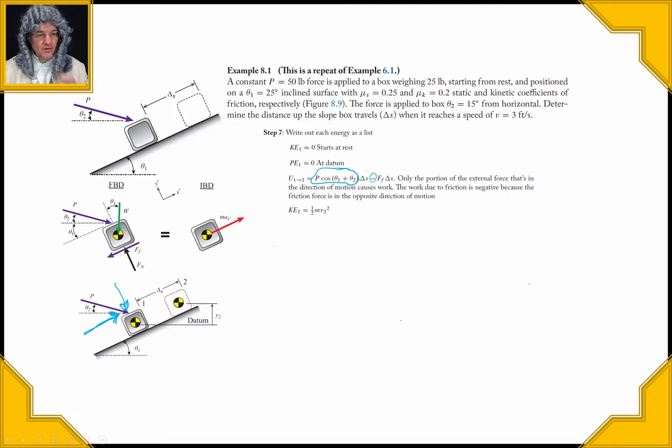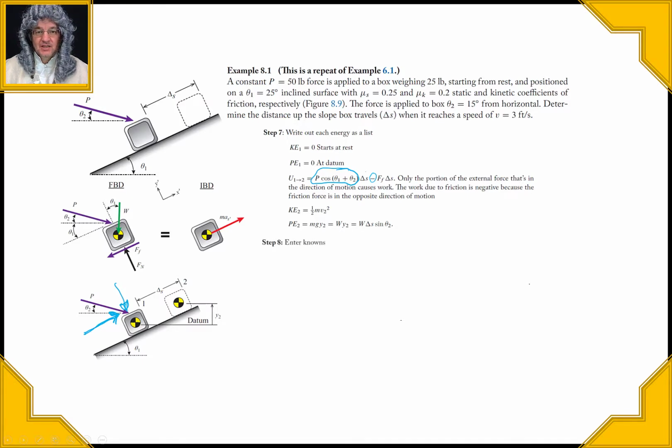Then we're marching through that work energy formula, and we get the kinetic energy at state 2, 1/2 mv squared, where the v is v2. And the potential energy is now the new location of the thing, remember? We found above, I think it was in step 5, what that y2 is going to be.